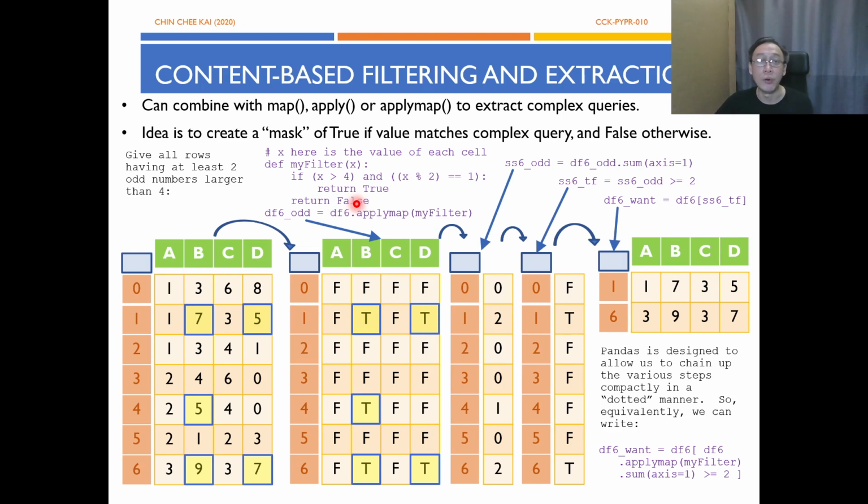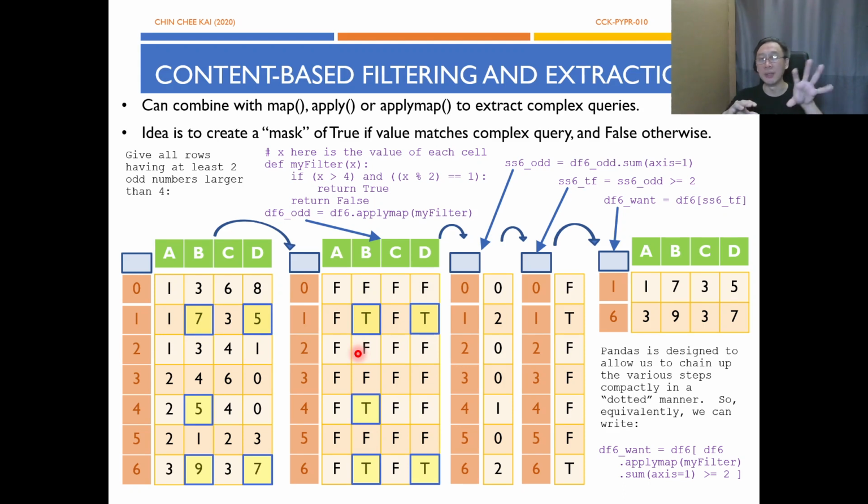Just return a true or false. And then do an applymap. And once you do that, you will end up getting a data frame mask. And that's it, right? We know that subsequently you can do all the wonders with it. So if need be, if the content-based filtering expression is complicated, right?